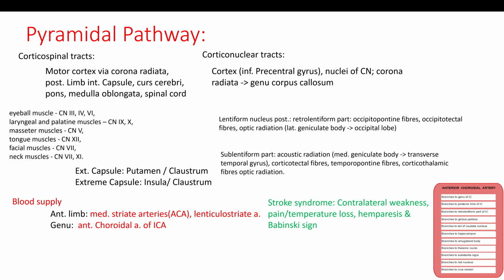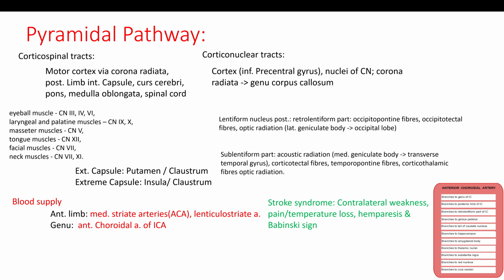As for blood supply, the anterior limb of the internal capsule is supplied by the proximal and distal medial striate arteries. They branch off the lenticulostriate arteries, supplying the globus pallidus, putamen, head and tail of the caudate nucleus, and the posterior part of the anterior limb of the internal capsule.